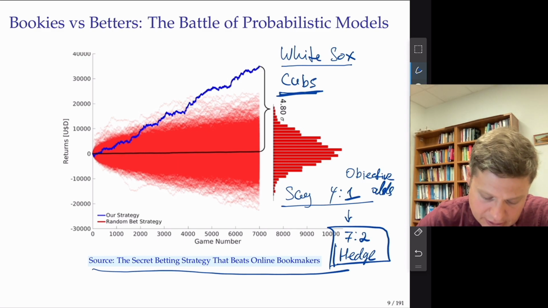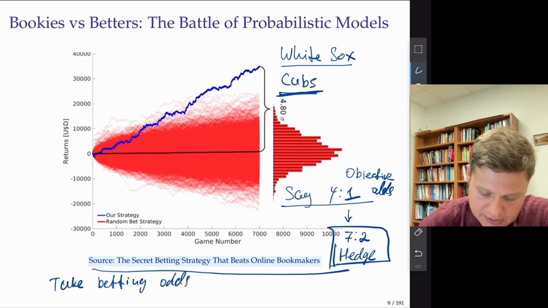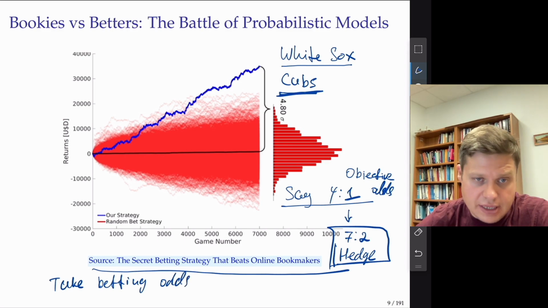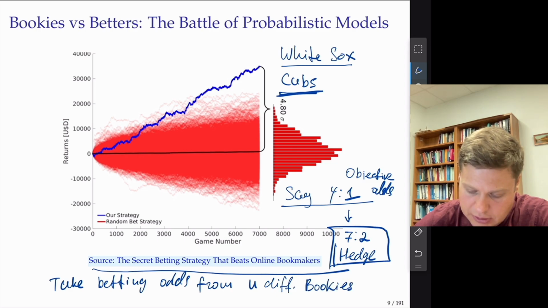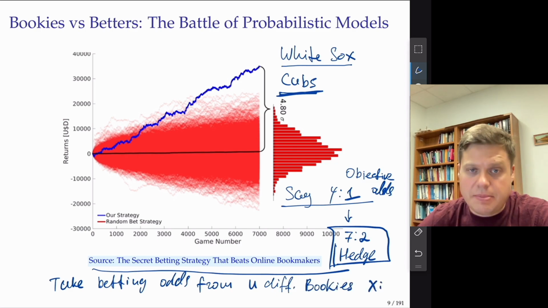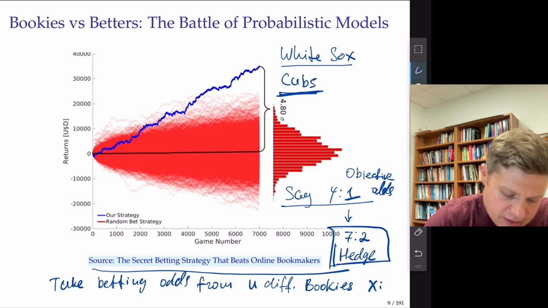So they take betting odds from all the bookies companies they can get it from, and different bookies. So let's call it x_i. That's the betting odd from bookie i. And then they just calculate the average.